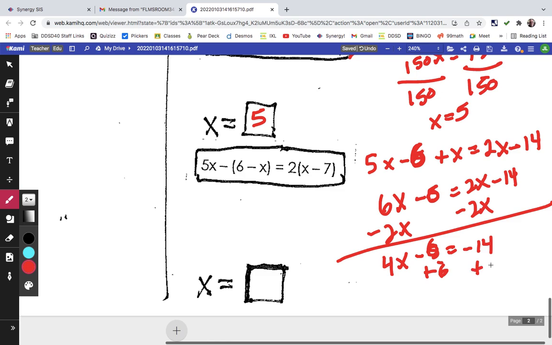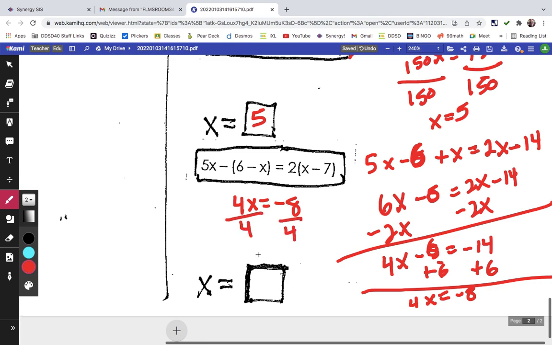We're going to add 6. So 4x equals negative 8. So let's write that up here where we have a little bit more room. 4x equals negative 8. I'm going to divide by 4. So x equals -2.